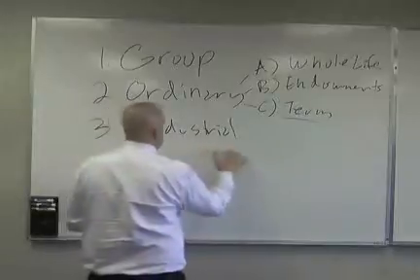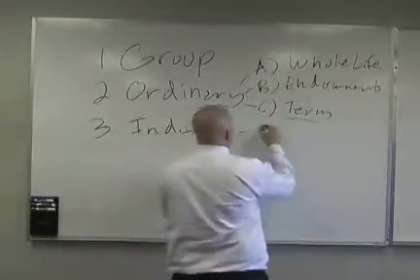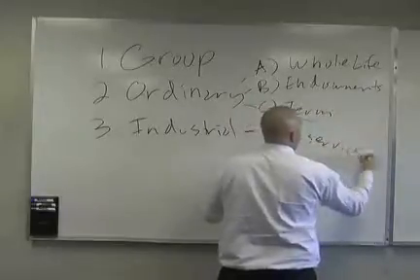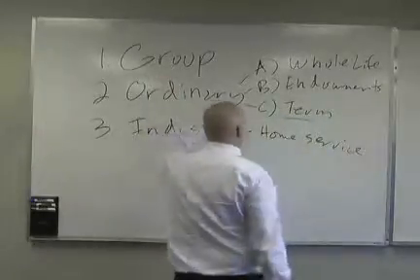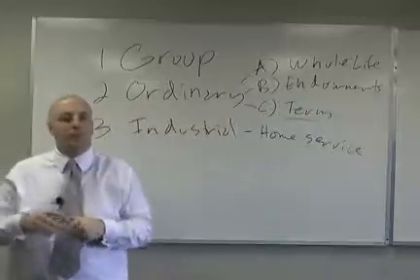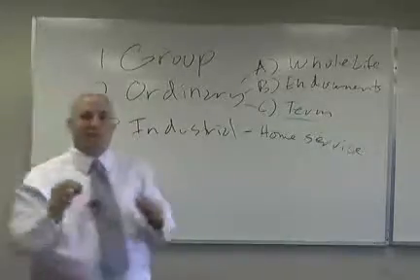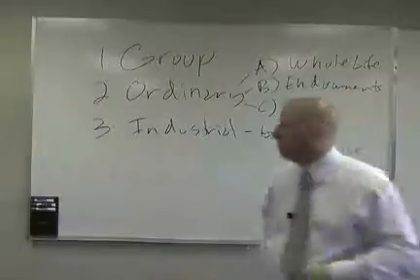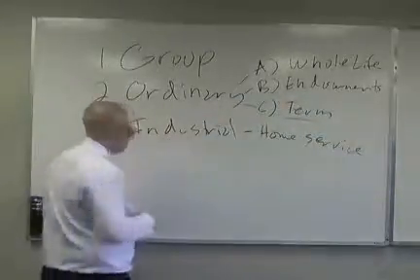And then we have industrial, which was sometimes referred to as home service life. Now, when we talk about group and ordinary, with the three different types, the next section we cover in the book is really detailed on these concepts, so we'll leave those till we get to that point. But industrial, we will jump ahead to.